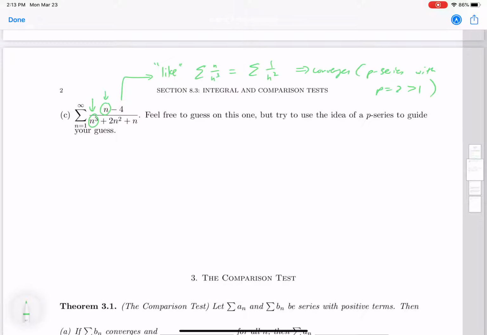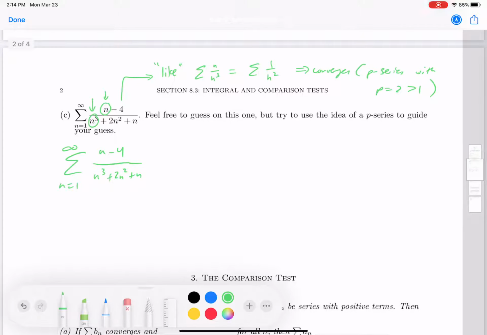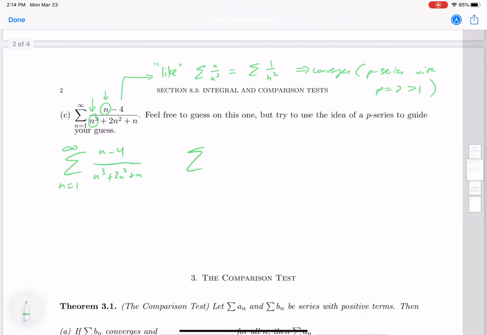Now I can actually make this completely mathematically legitimate, and here's how I'm going to do it. If I was going to sum from n equals 1 to infinity, n minus 4, over n cubed plus 2n squared plus n. Suppose I wanted to make that look a little bit nicer. Well, I could remove the minus 4 from the top.